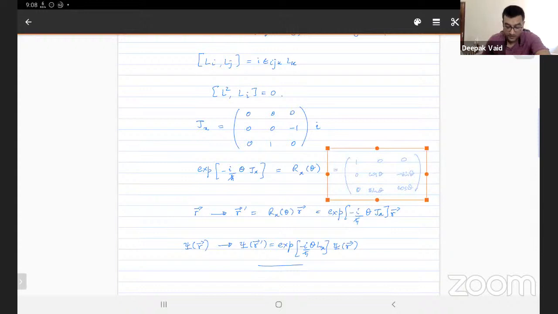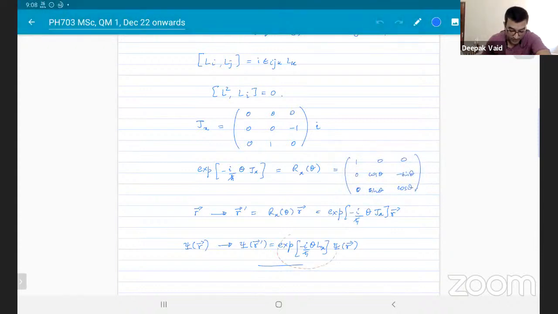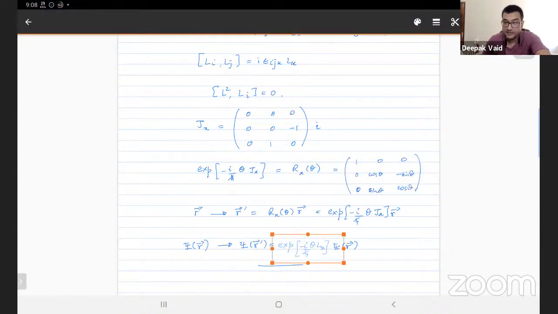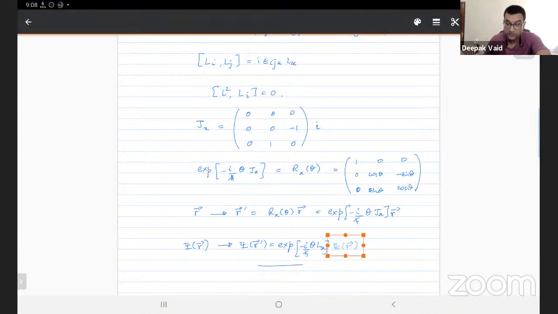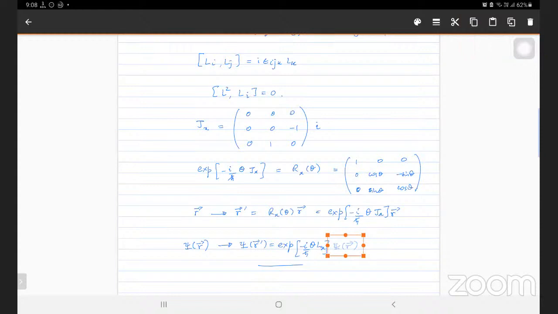Okay. If I exponentiate Lx, right, I don't get a matrix, right? I get a transformation which changes this function. Right.